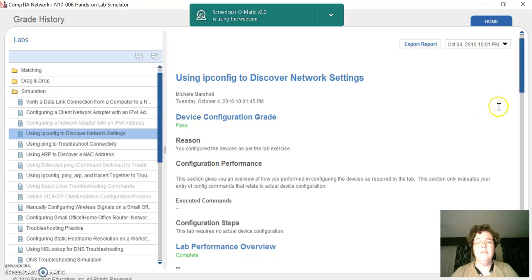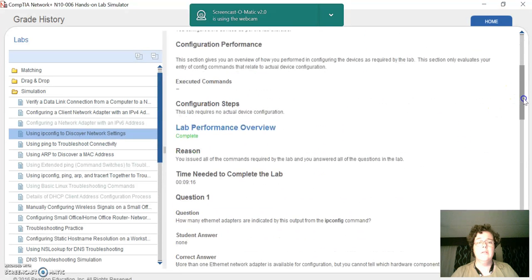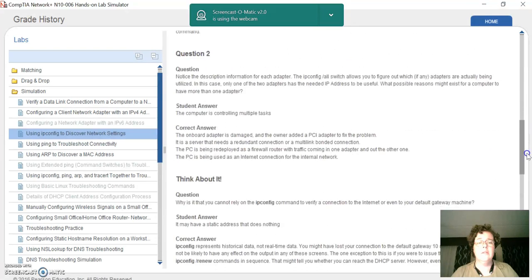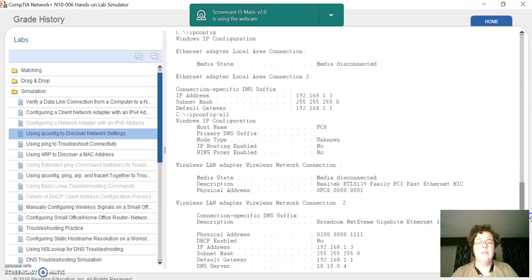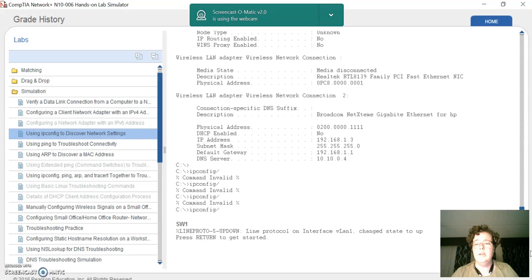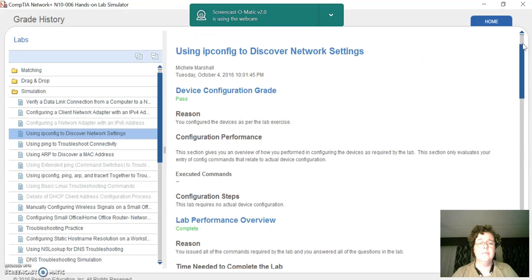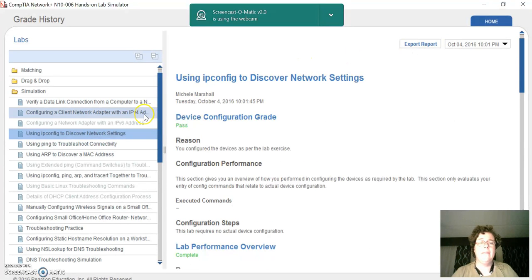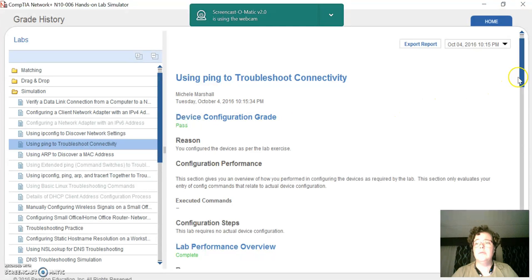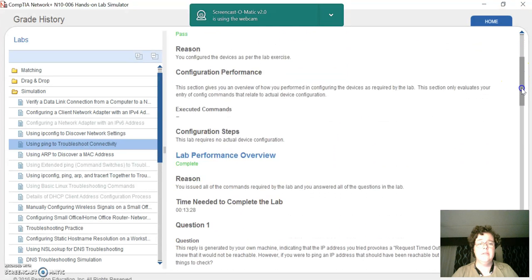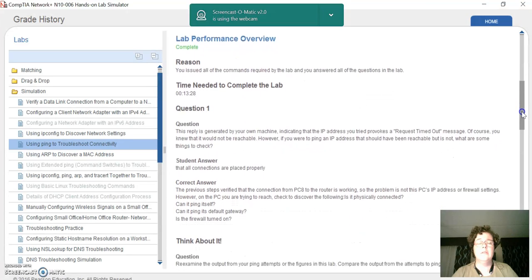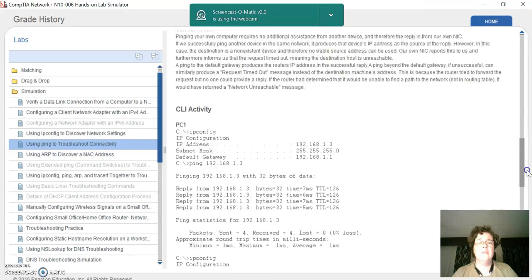Using ipconfig. That showed a lot more than I kind of thought it would. Using ping to troubleshoot, device, lab performance.